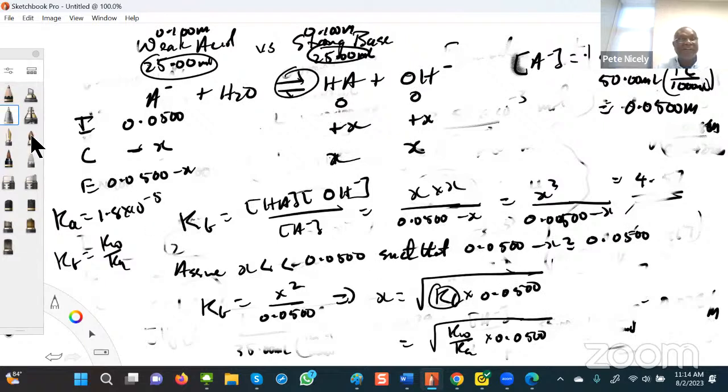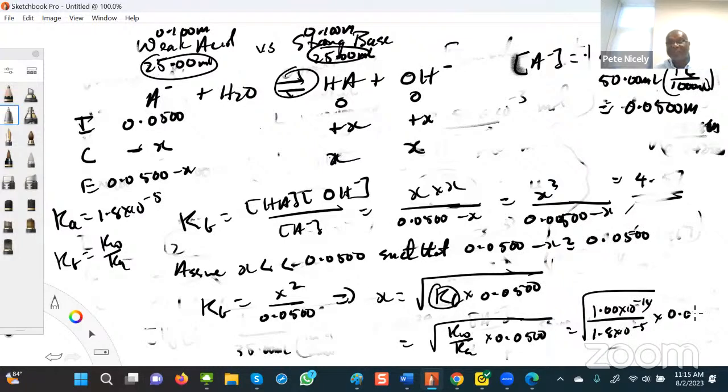And then we put in the numbers. Let me erase this here. So when we put in the numbers here, that would be 1.00 times 10 to the minus 14 divided by Ka, which is 1.8 times 10 to the minus 5. And then we multiply that by 0.0500.